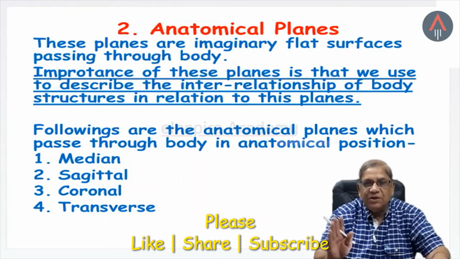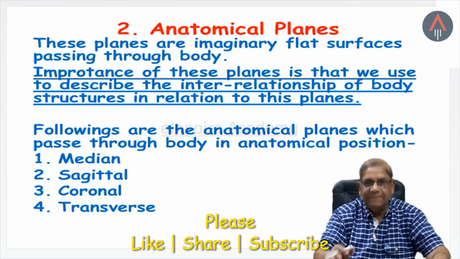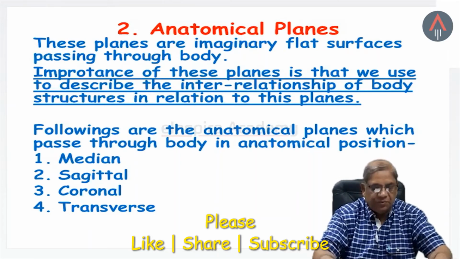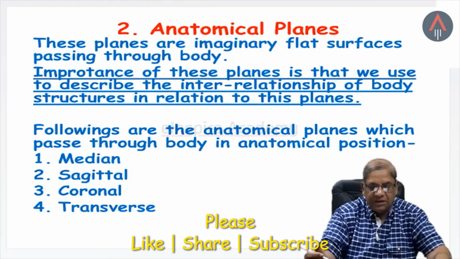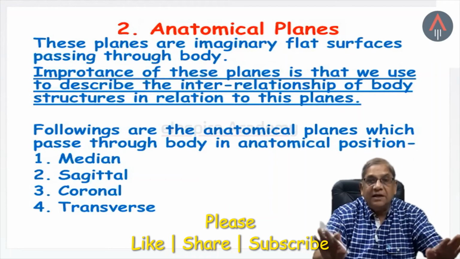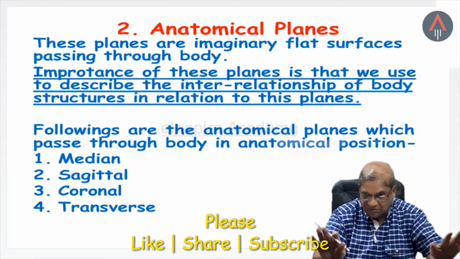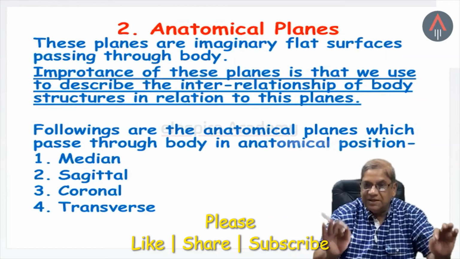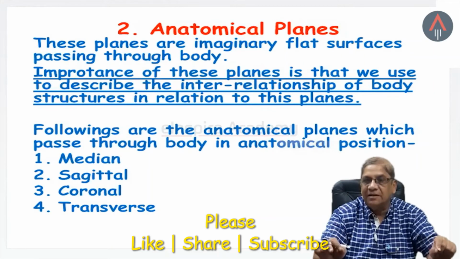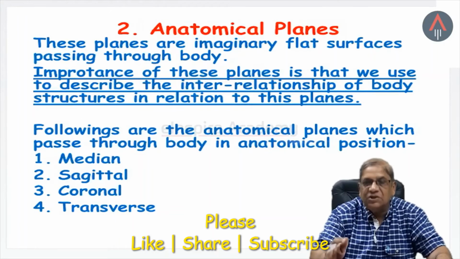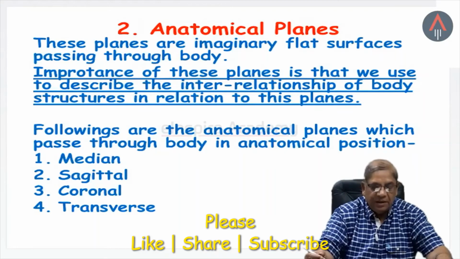So these planes become the reference points to describe the positions of structures of the human body. The following are the anatomical planes which pass through the body in anatomical position. Planes do not pass in any random position; you always have to imagine the body in anatomical position, and then imagine the planes passing through it.